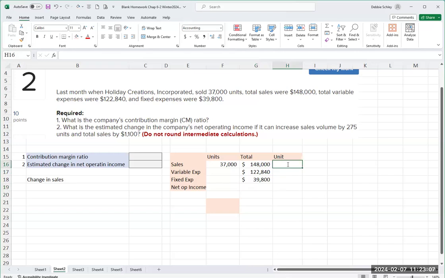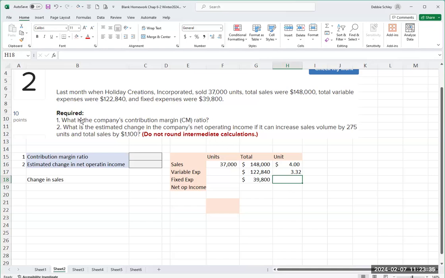So to figure out per unit, that's going to be the sales divided by the number of units. Same with variable, the total variable divided by the number of units. That gives me my per unit for both of those. Well, I'm not sure if I need that or not. We'll get there. Sometimes I do extra work just because.